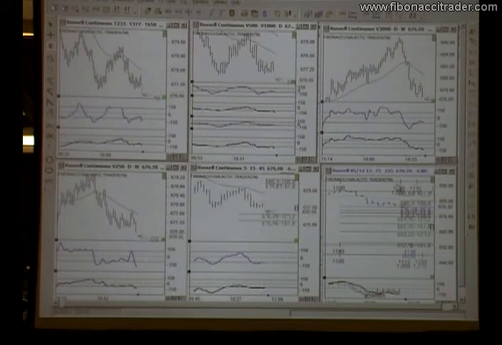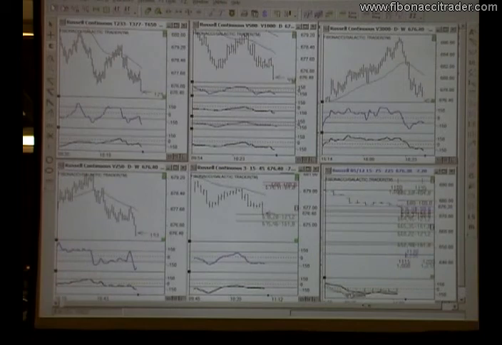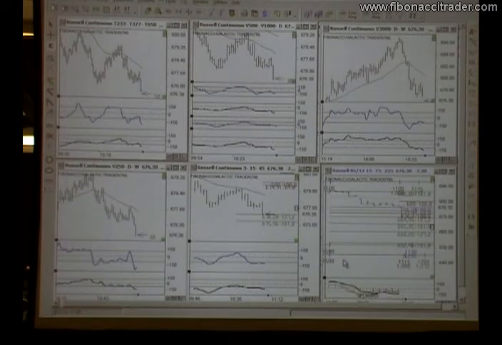But for early morning or during the day, I don't even like tick charts. I like volume. 500, same thing, 500 volume, 1,000 volume, 3,000 volume. And I do have a 133 tick up, it's just habit. I can't seem to let go of it yet, but the volume is what I focus on.